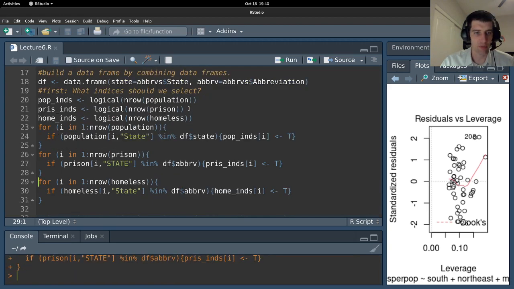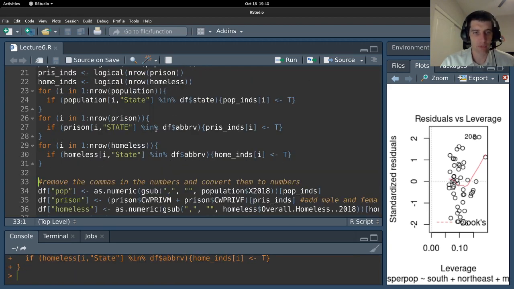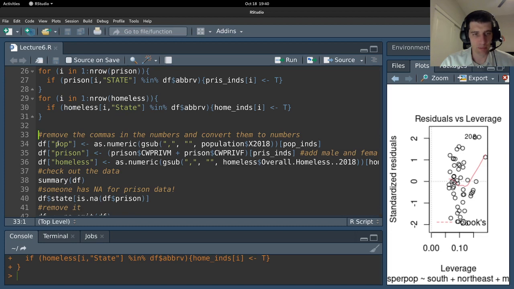So I just loop through and populate the data frame. I'm populating the population, prison, and homelessness numbers.